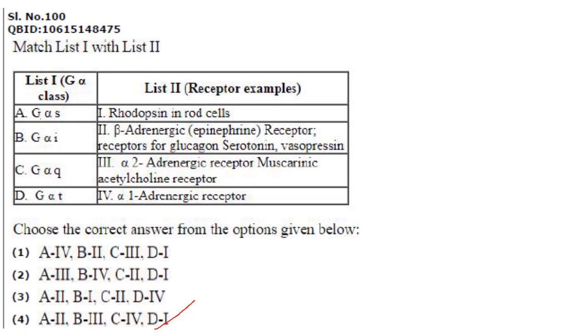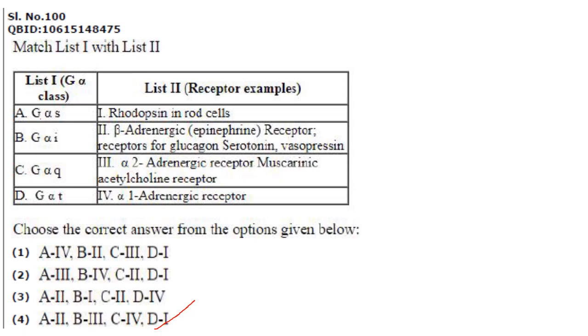Okay, G alpha class and its receptors. G alpha S, beta adrenergic epinephrine receptor, receptor for glucagon, serotonin, vasopressin. Then G alpha I, alpha 2 adrenergic receptor, muscarinic acetylcholine receptor.